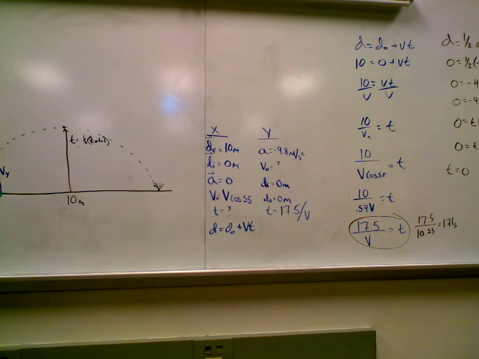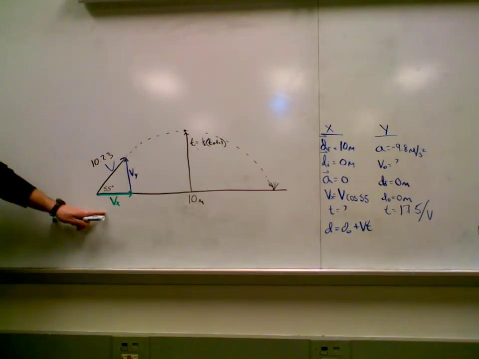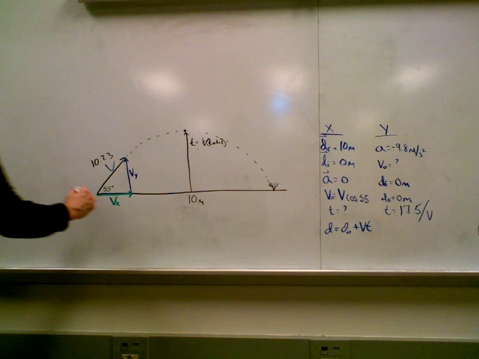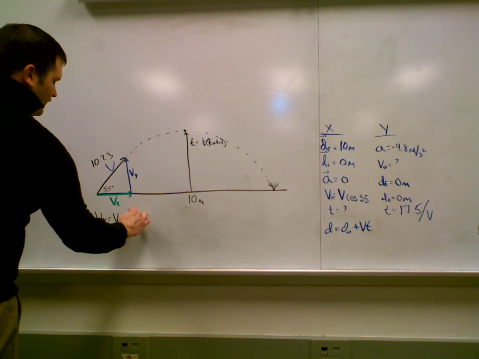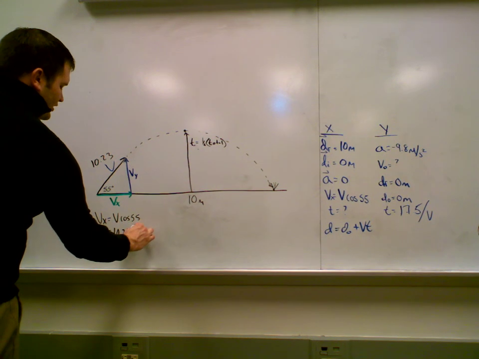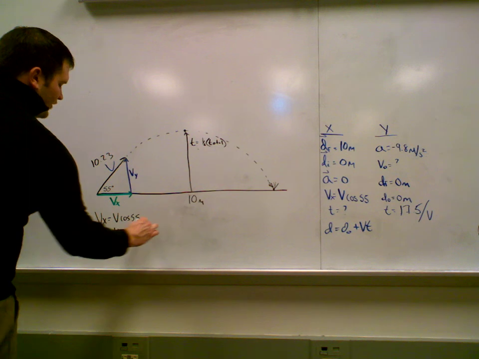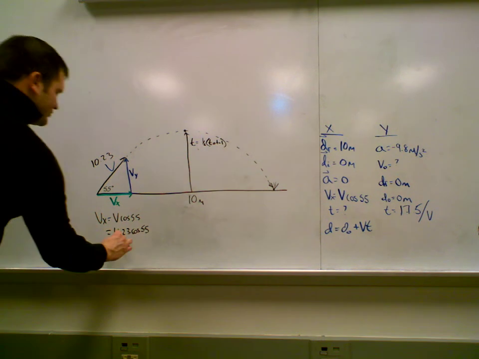Okay. Another way we could have done this is we could have figured out the x component. Vx equals v cosine 55, which equals 10.23 times the cosine of 55. What's 10.23 times cosine of 55? Anybody know? 5.86.